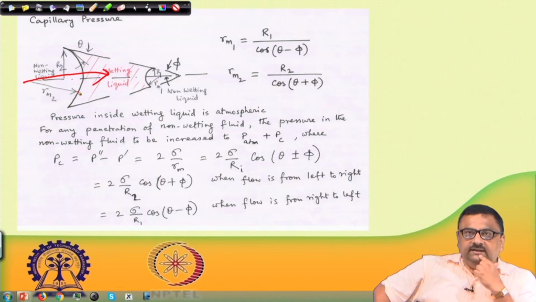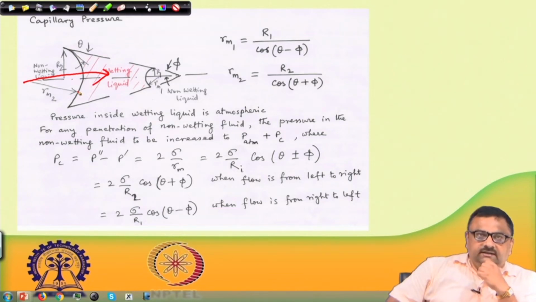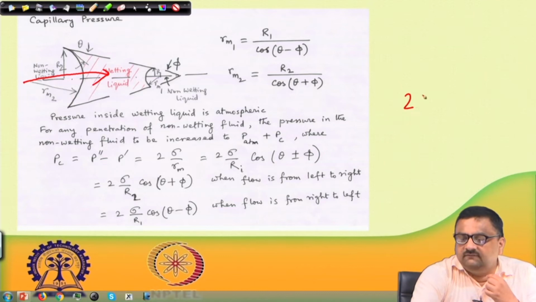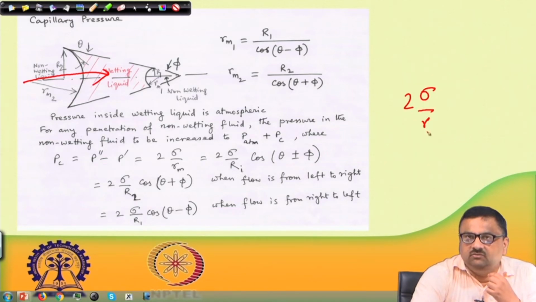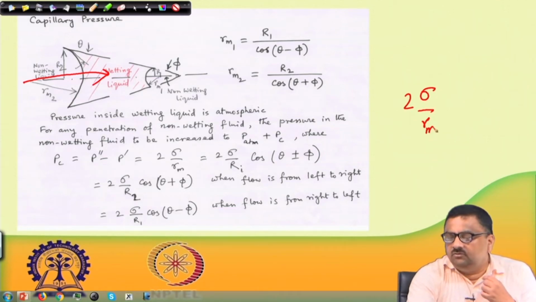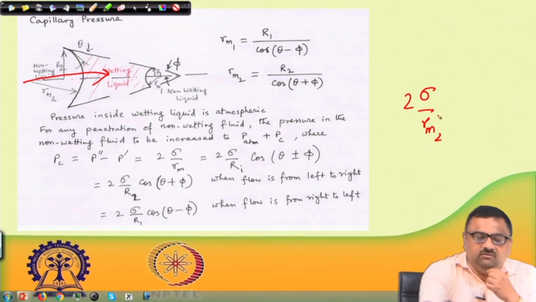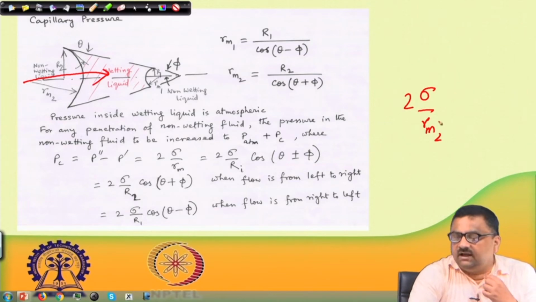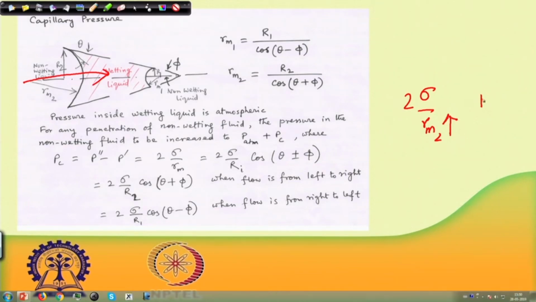Finally it is the Rm, and I can see in this case the Rm2 is more. So if we talk about 2 sigma divided by Rm2, and this Rm2 is higher, the capillary pressure would be less.